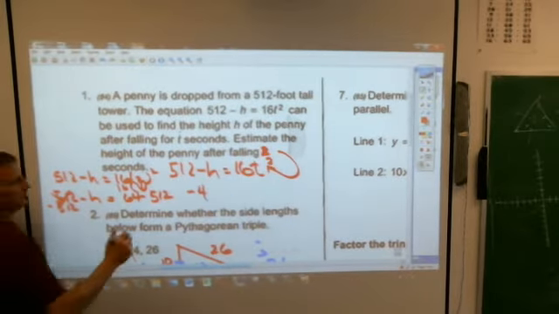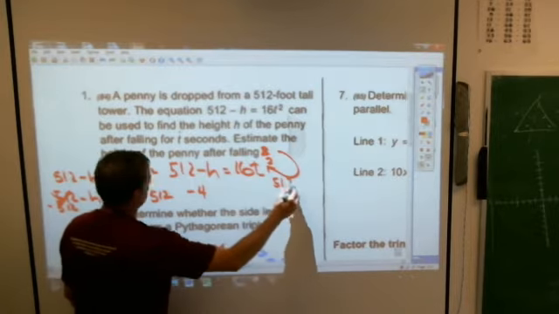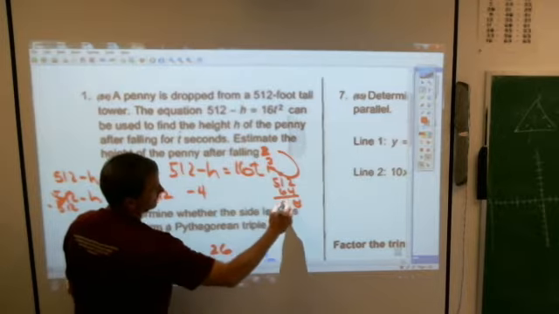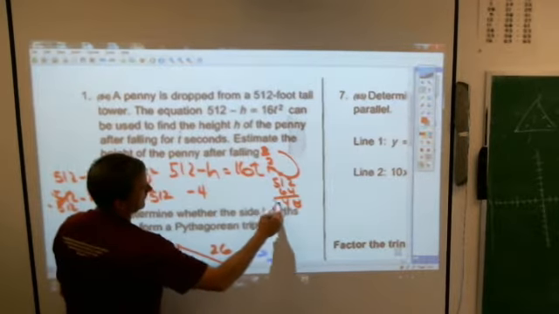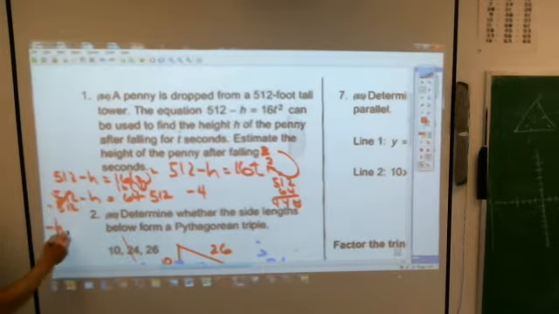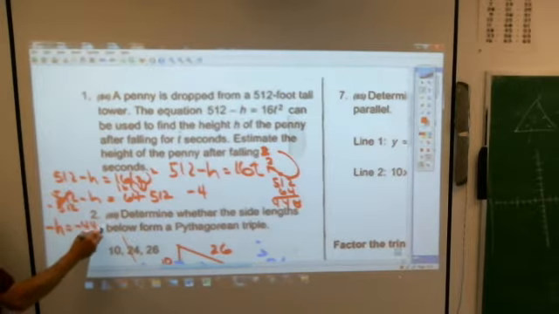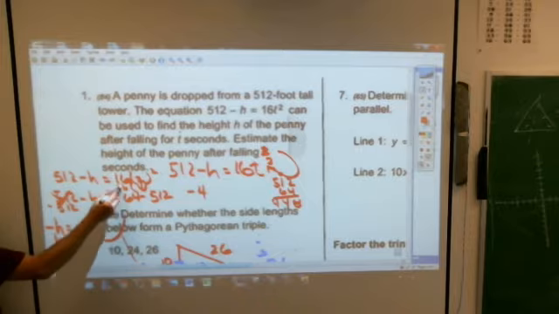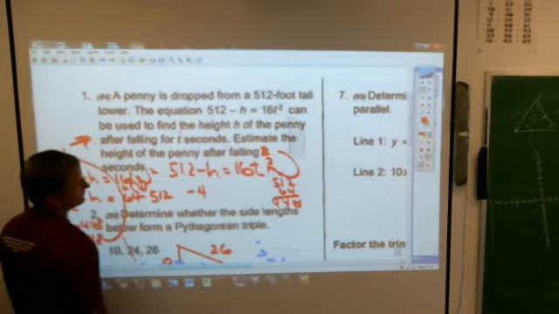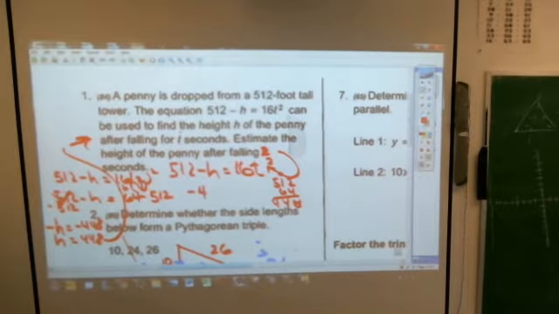I'll do 512 minus 64: 448. So negative h equals negative 448, which means you change this to positive, change that to positive. So 448 is your answer. You just have to plug the 2 in for the letter t. Simple arithmetic, if you will.